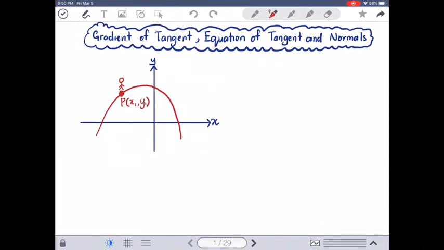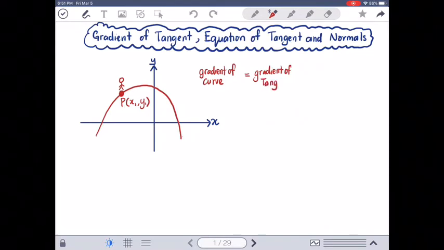The thing is, there is a relationship between the gradient of the curve at point P and the gradient of the tangent at point P. We can say that the gradient of the curve is just equals to the gradient of the tangent at point P. So this is your tangent.